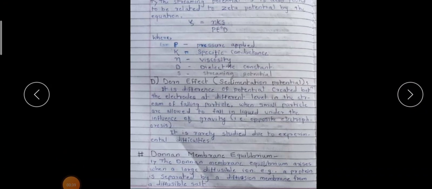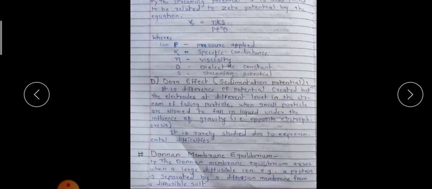Everything we have studied so far, we have studied for the colloidal solution, which is simply called sols. Then what is the Donnan membrane equilibrium?